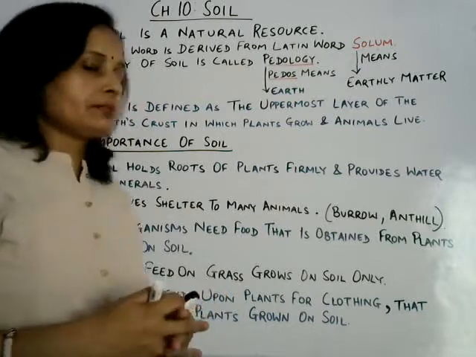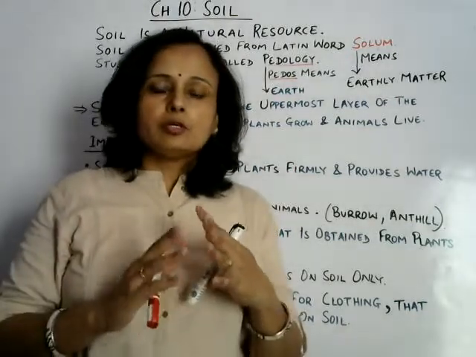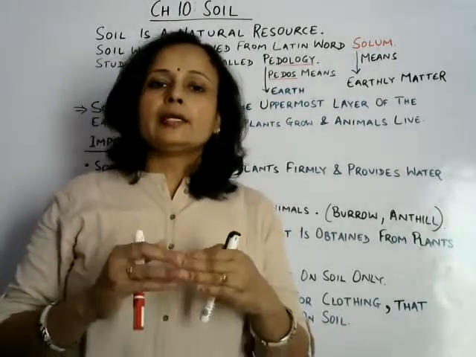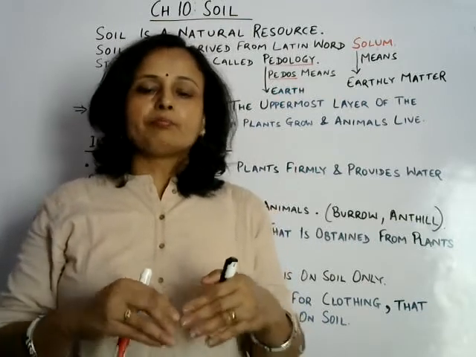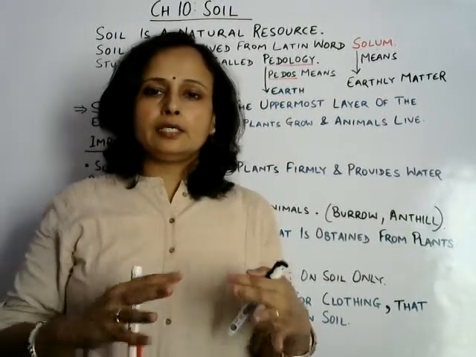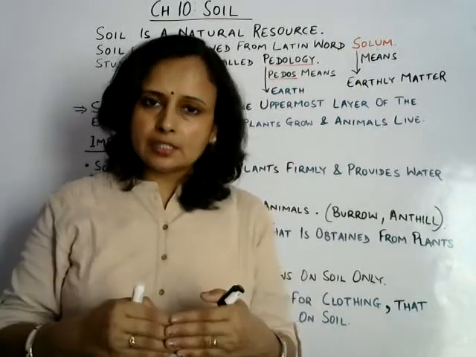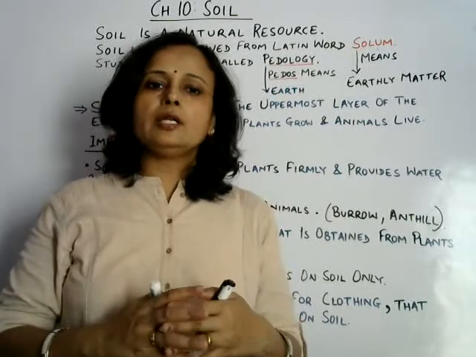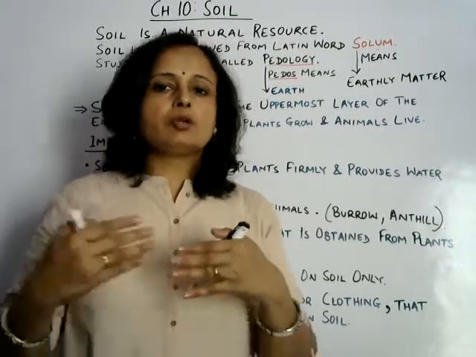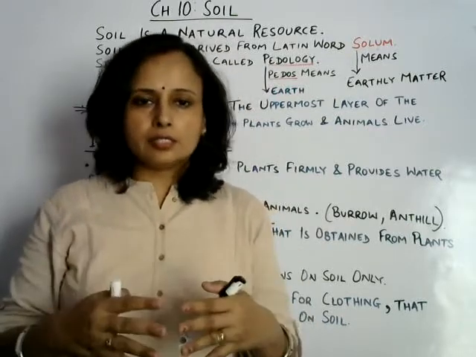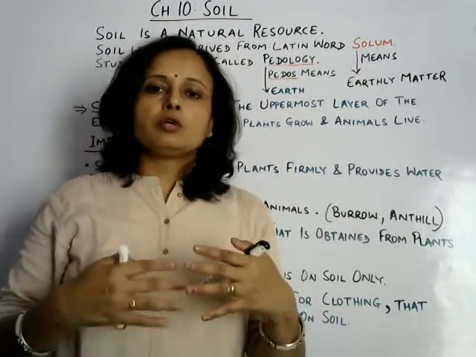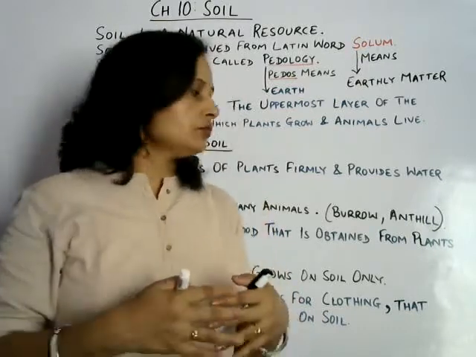Some microorganisms that we can't see live on soil only, and they make humus by decomposing the dead and decayed matter. So the animals which we can see, as well as microbes that we can't see, also live on soil. Okay.